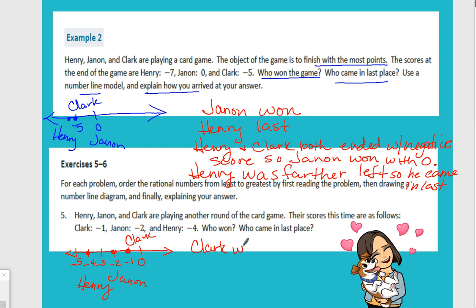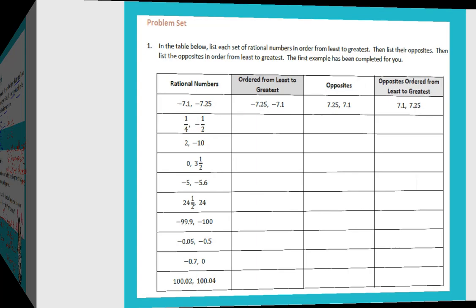Clark won because he was closest to 0. And Henry lost because he was farthest from 0. And we know that that's in the negative versus positive category, okay? And we're done. Head back to the classroom.